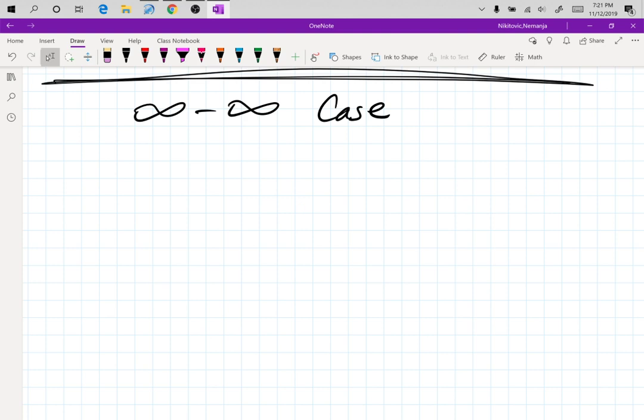So the biggest issue that we are running into when we have infinity minus infinity is the situation that we can only deal with the L'Hopital rule with the infinity over infinity or 0 over 0. So we need to convert this into either 0 over 0 or infinity over infinity.